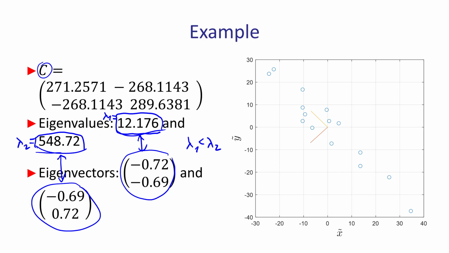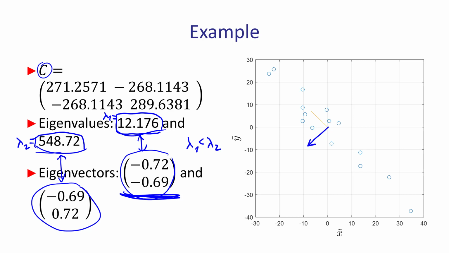Now, let's see what those directions are. The direction of lambda 1 is this one. It's minus 0.72, minus 0.69, which means it's pointing in the negative direction in x and the negative direction in y. So this is the arrow that we have here.